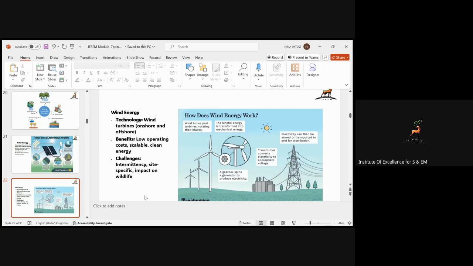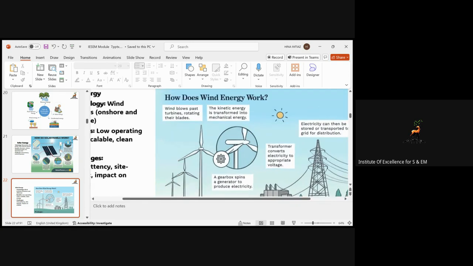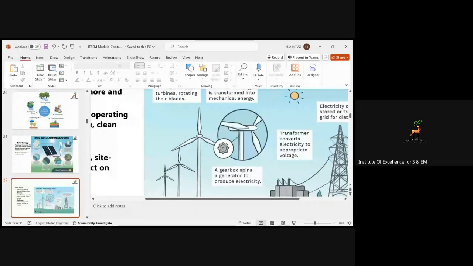If you see the slide, here you see that there are three blades which are attached to the turbine. So these rotating blades are like the wings of a helicopter.